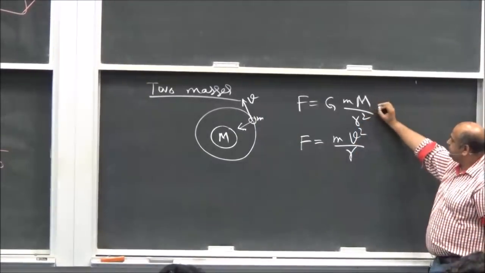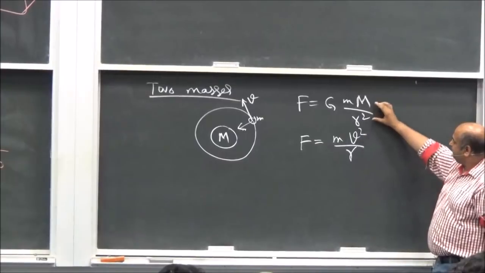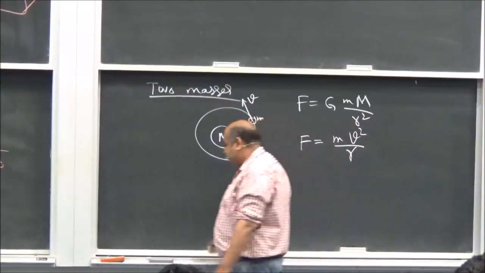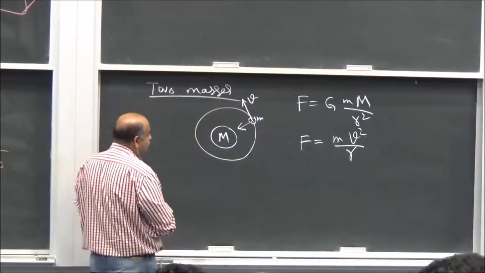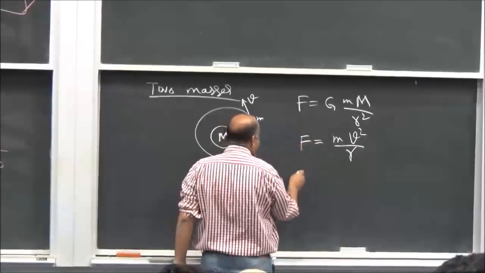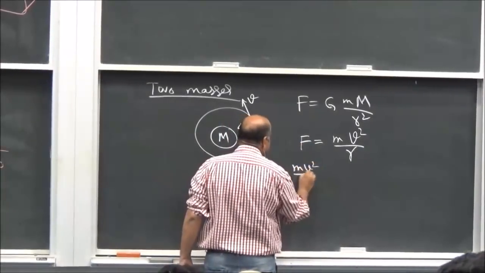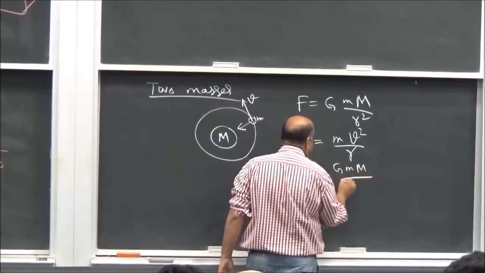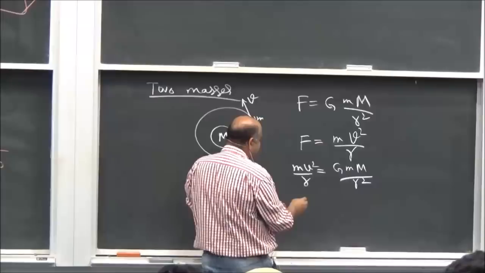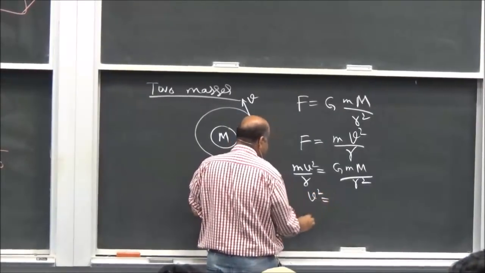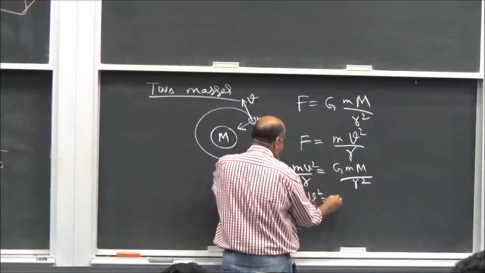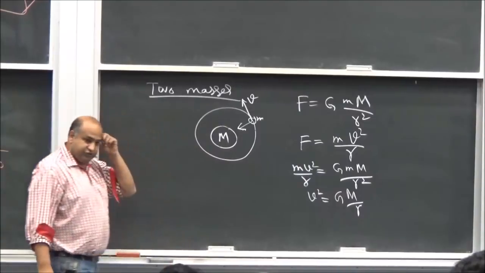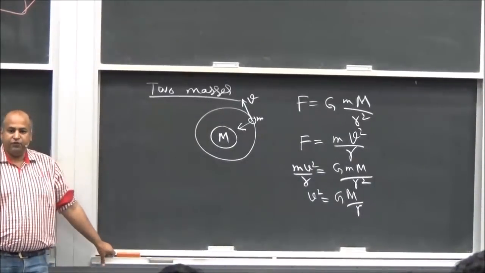The force of gravitational attraction is providing the centripetal force, which means that we can compute this velocity v squared by equating them. So m v square over r is equal to G M m over r square. So v square is equal to, one r cancels, one m also cancels, G M over r. So this is the velocity square.